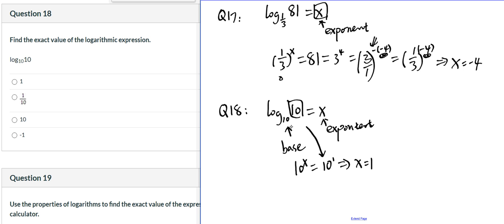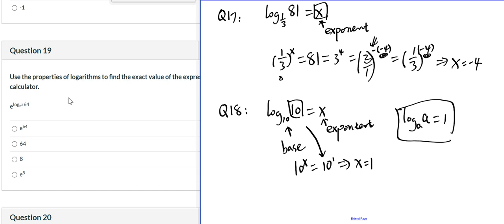So log base 10 of 10 is 1. How about log base 11 of 11? Same way works. So log base a of a is 1 all the time. This is what we want to know. That's 18.